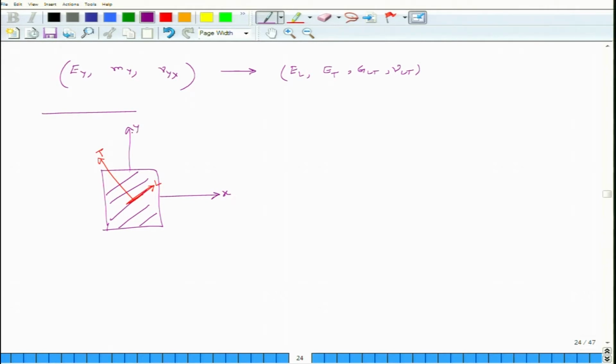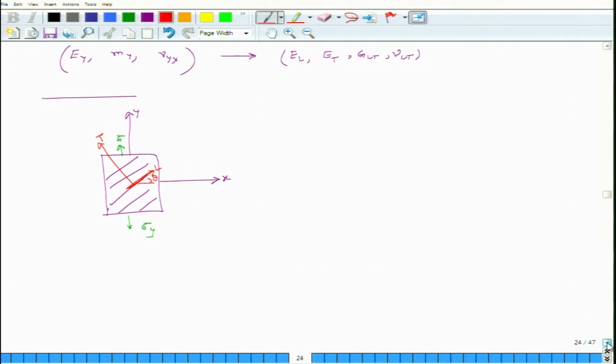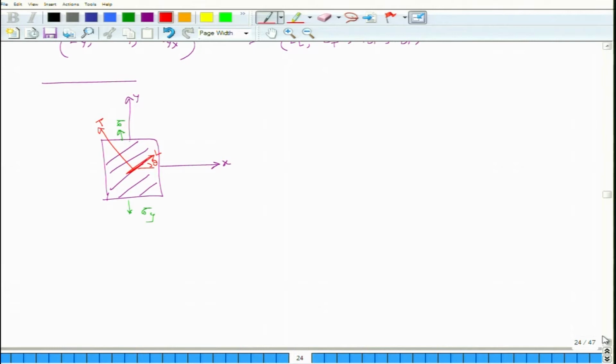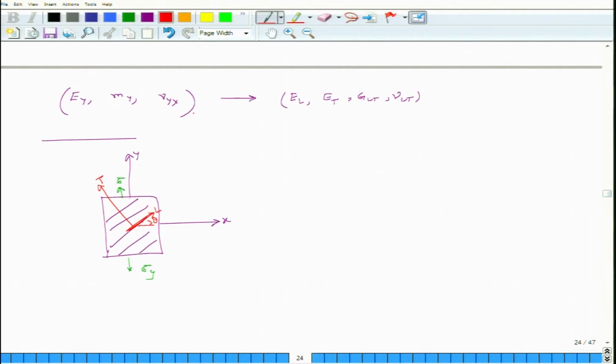And instead of loading this sample in the x direction, I apply a pure tensile load in the y direction. So I apply sigma y here. The angle between L and x axis still is theta, and if we exactly follow the process which we had discussed earlier, then we end up with the relationships between Ey, My and gamma yx.